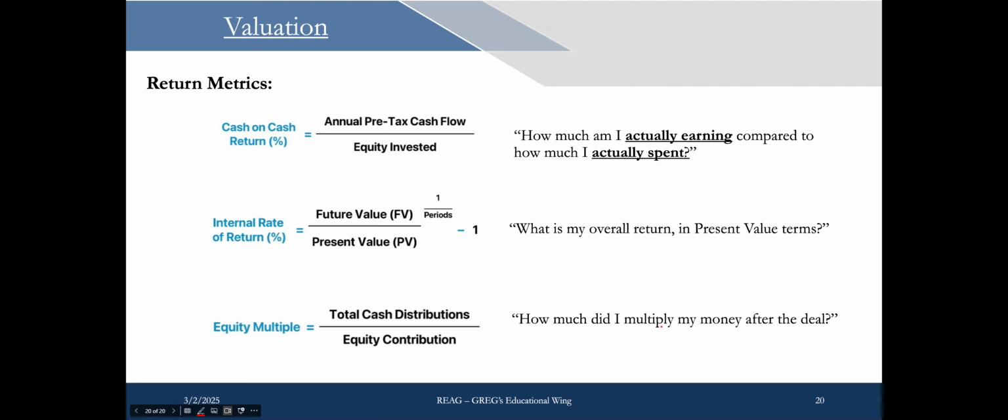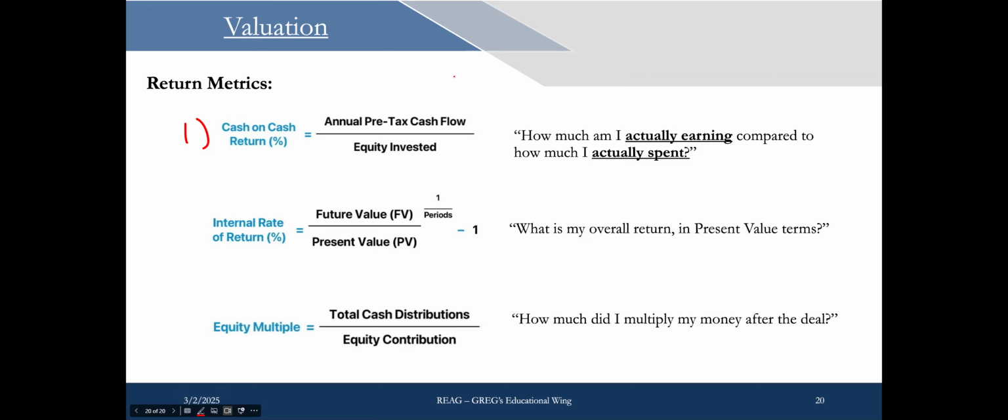Other than cap rate, there are some other return metrics that we also frequently use. The first one is cash on cash return, right? Cash on cash return is really asking, in terms of real actual cash flowing out and actual cash coming in, how much am I actually making compared to how much I actually spent?